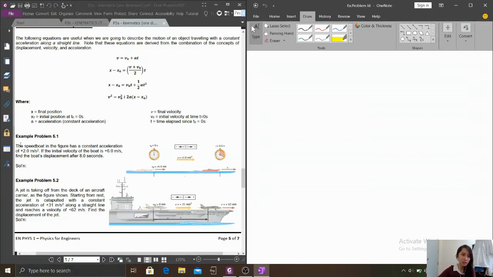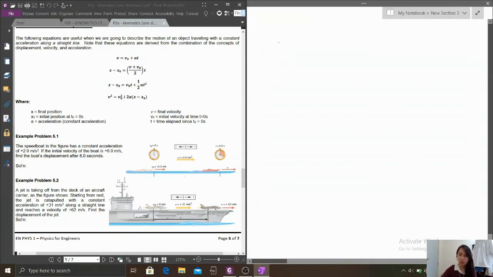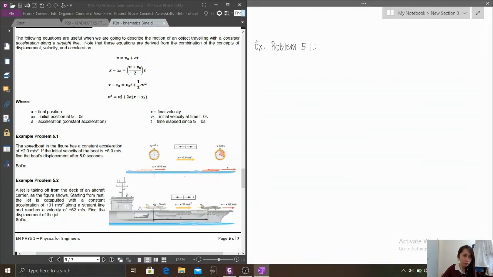So first we have example problem 5.1. The speedboat in the figure has a constant acceleration of positive 2 meters per second squared. If the initial velocity of the boat is positive 6 meters per second, find the boat's displacement after 8 seconds. So first, let us write down the given.